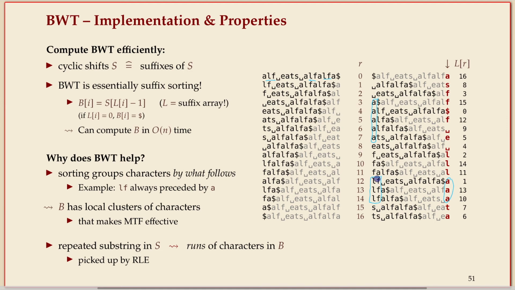And if you take the first one off, LF is grouped together by the sorting, and so all these A's are lumped together. Okay? Somewhat magic, but that's the essential property. This part is what really makes the output of the BWT more compressible.